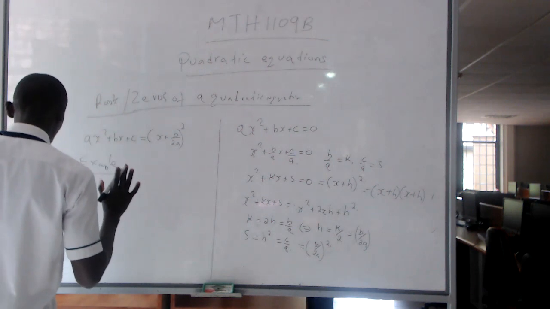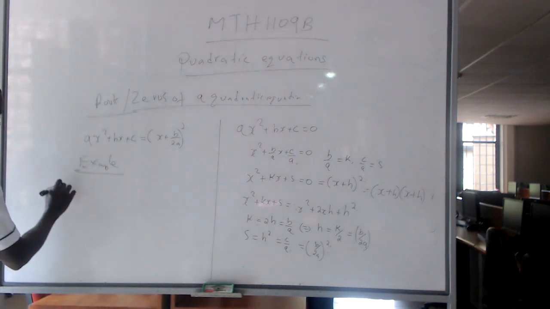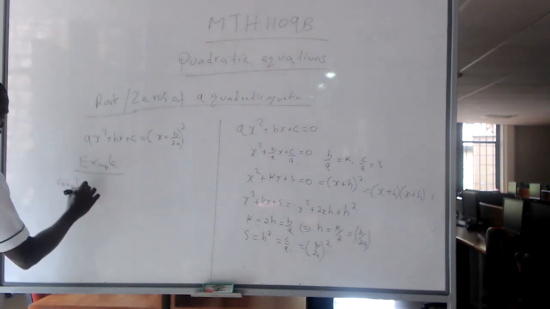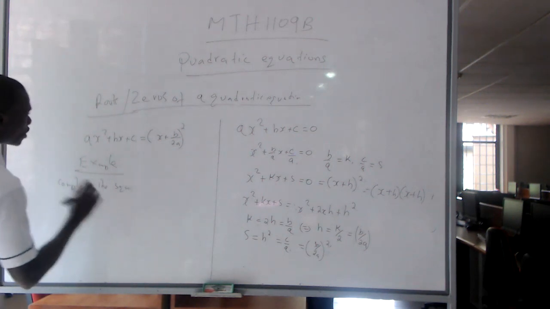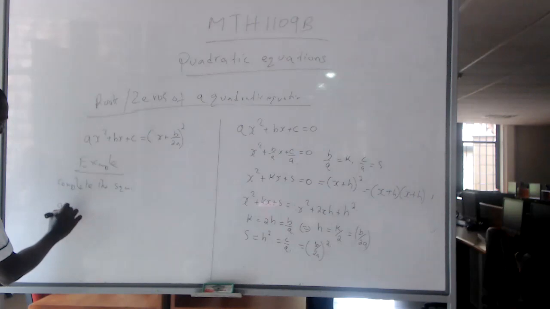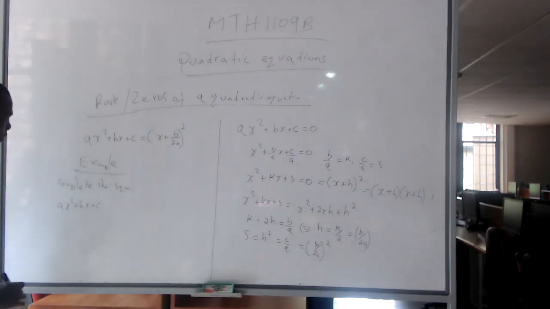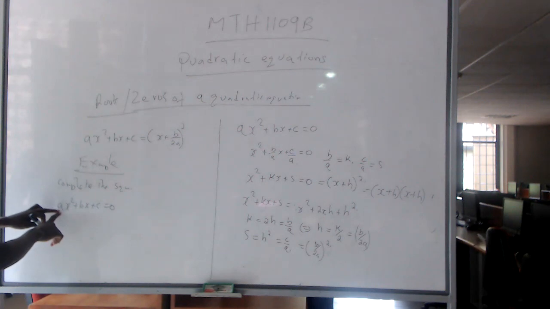First of all, let us complete squares before we use them. In general, to complete the square on ax squared plus bx plus c equal to 0, the first thing is to make the coefficient of x squared 1.